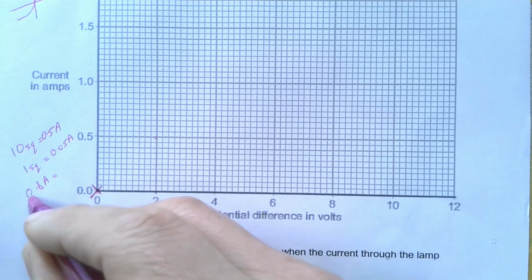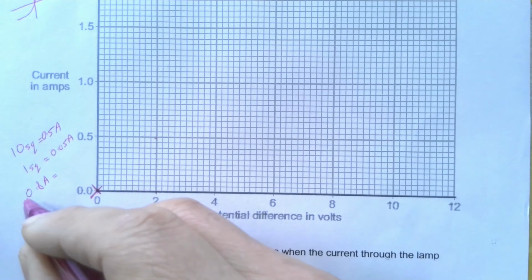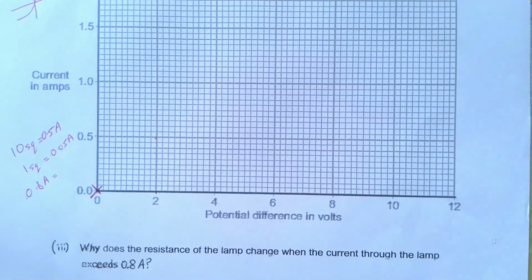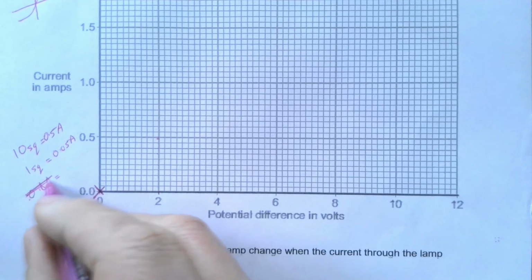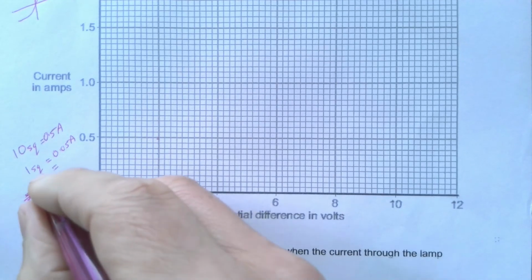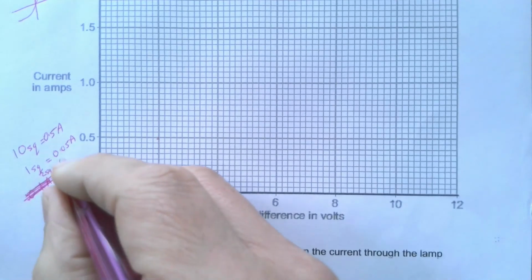So 1 square is that, but I want 0.08. So 2 squares equals 0.1 amp.